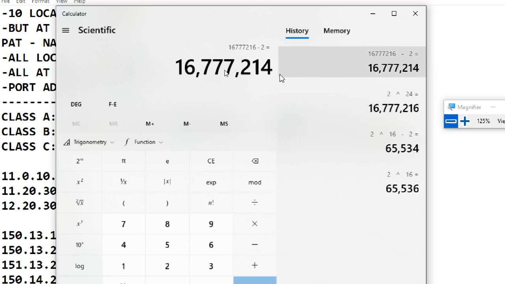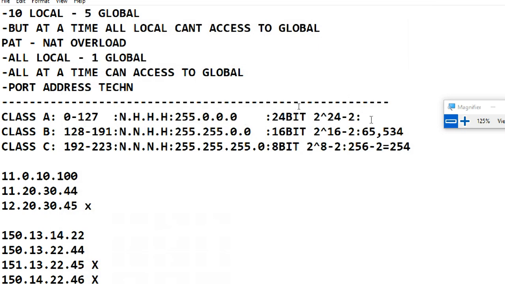As per the American system, but here we can say 1 crore 67 lakhs 77,214. So these are the number of hosts per network.